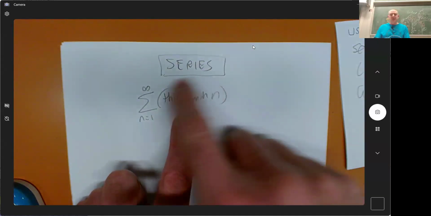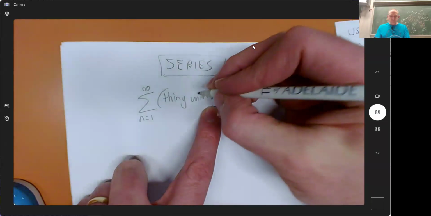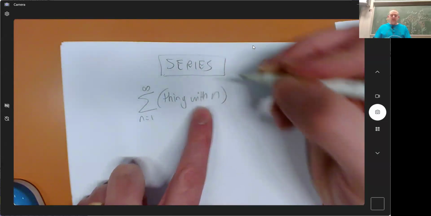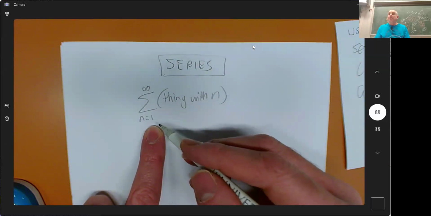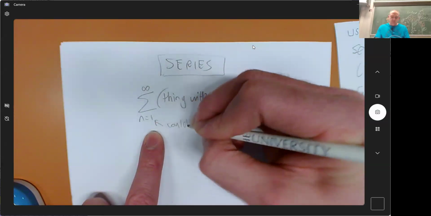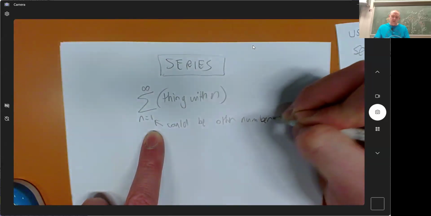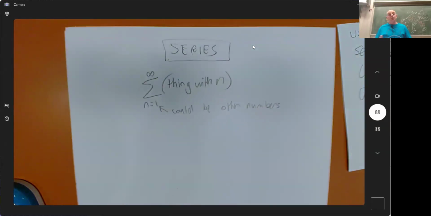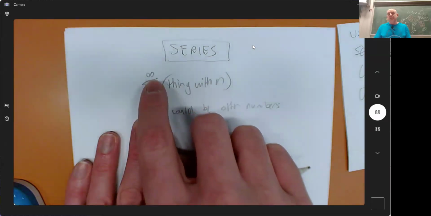There'll be some sort of expression here involving n, a thing with n in it. And it doesn't have to start at 1. It could start at 0. It could start at 10. Could be other numbers. But the important thing is that this is a sum that goes to infinity.